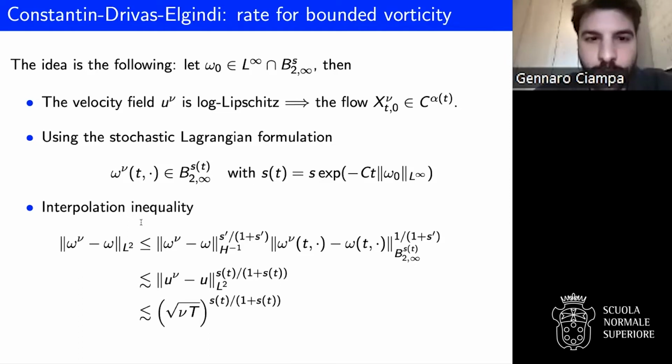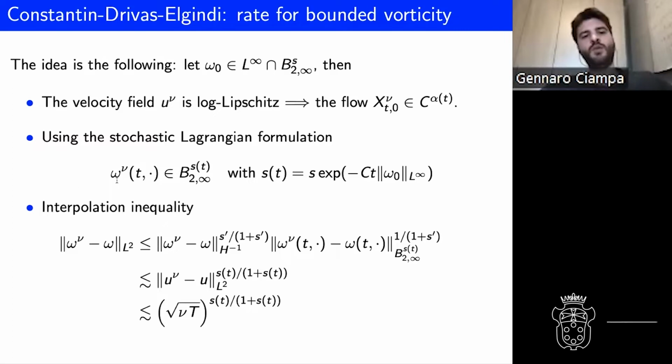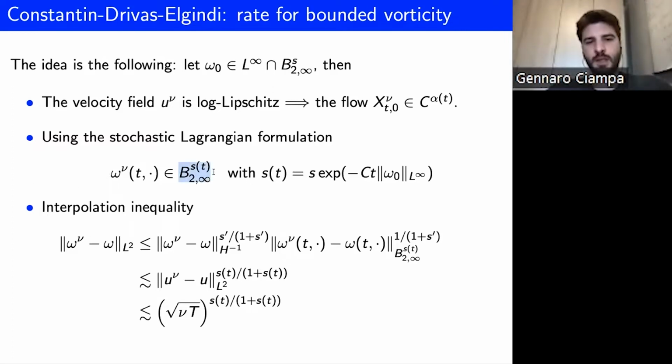So, a few words about constant derivatives in the result. In their proof, in order to provide a rate of convergence, they also rely on stochastic Lagrangian representation, and what they do basically is to find some losing estimates for the regularity of the stochastic flow, which translates into a uniform bound for the vorticity in this Besov space.